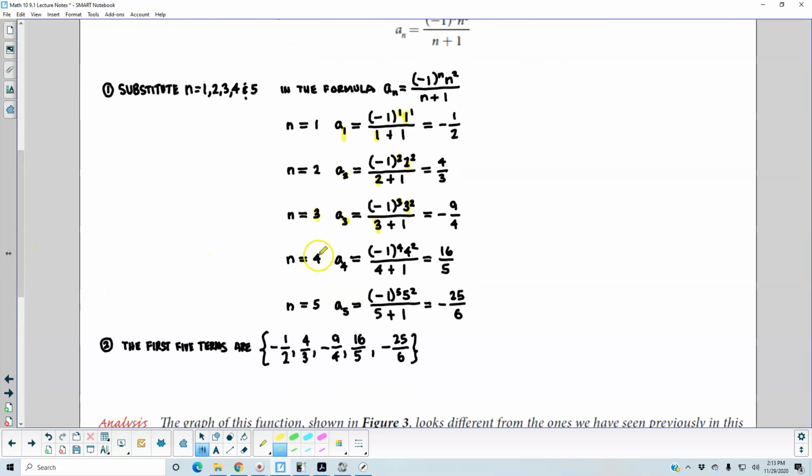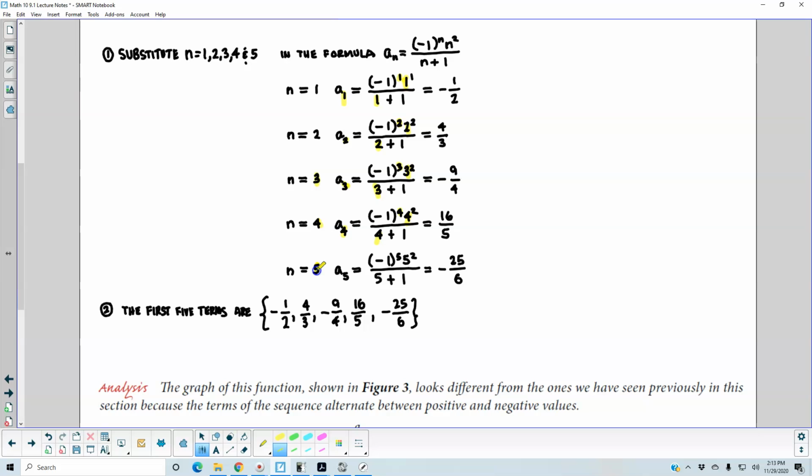Next we have n equal to 4, so this becomes a subscript 4, the fourth term. Again, we're going to replace all the n's with 4. (-1) to the fourth power is +1, times 4 squared, which is 16, so we have 16 in the numerator. 4 plus 1 is 5, so it's 16 over 5 for the fourth term.